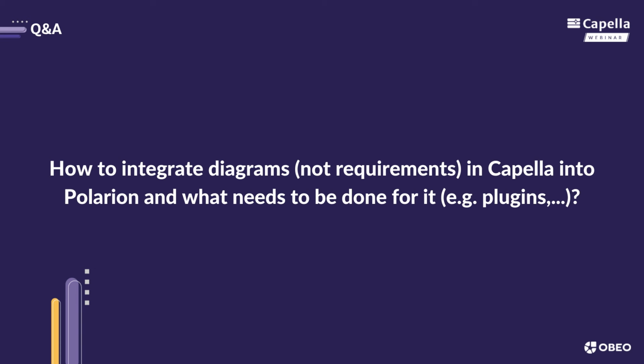So to integrate diagrams in Polarion for now, you need to copy the diagram and save it within Polarion itself. Otherwise, you will have just the capacity to hover the links and preview the diagrams, but you won't be able to take advantage of having the diagram in the Polarion database itself to use it in reports or things like that.